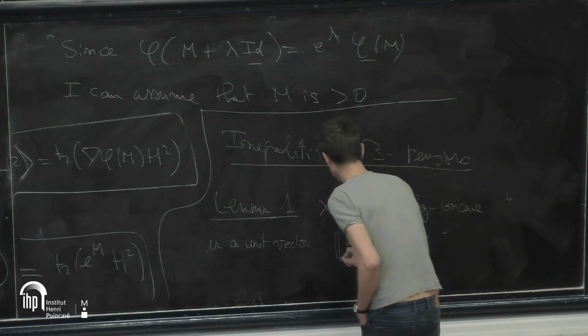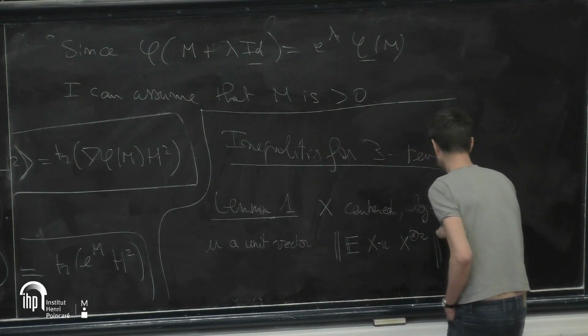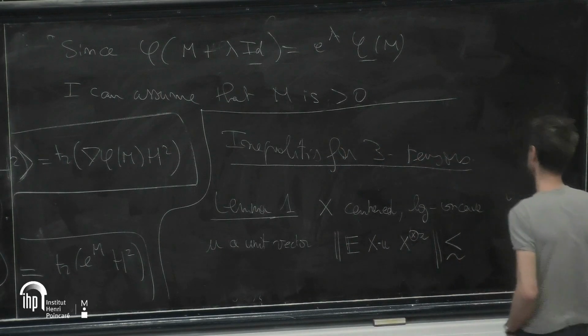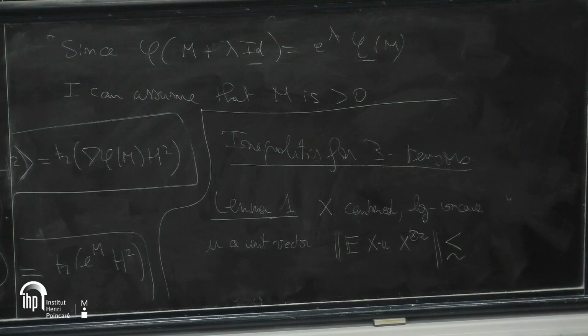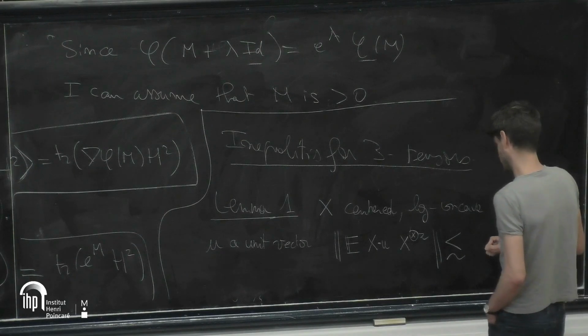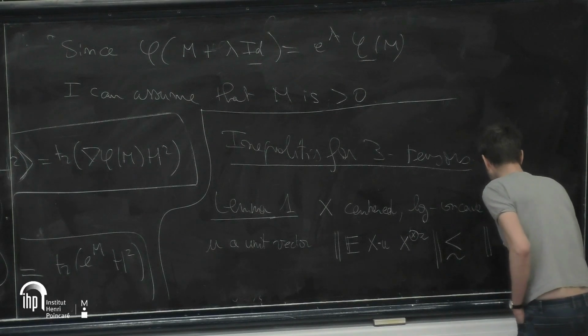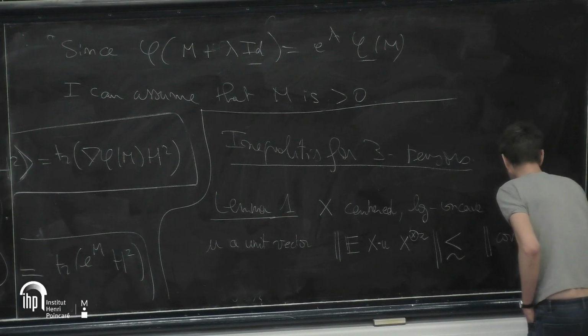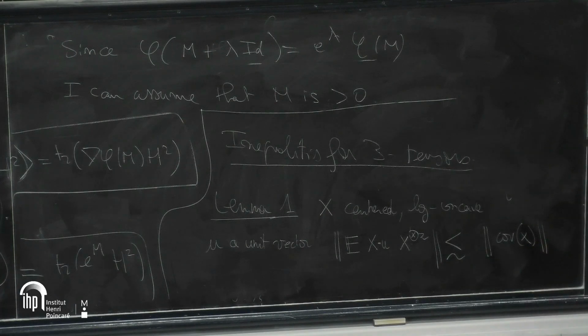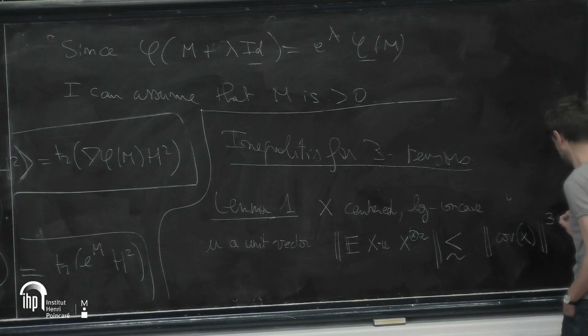I claim this is less than, up to a constant, the operator norm of the covariance of x. And probably there should be some power, because this is not homogeneous, 3/2.